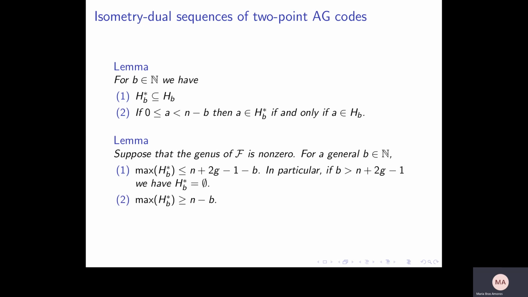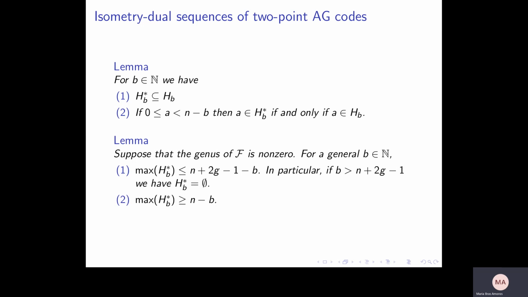For a fixed B, we have that HB star is included in HB, and also that for all values of A below the lower diagonal, we have that A is in HB star if and only if A is in HB.